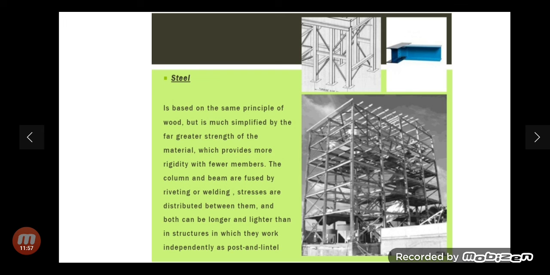So just get them from the market and we have to connect them with proper connections. So it is an easier way of connecting, an easier way of forming a framed building. Most structures nowadays are constructed as steel buildings.